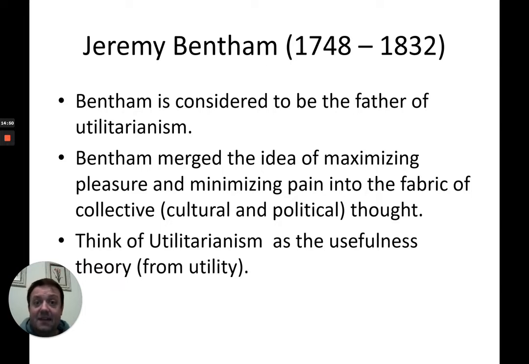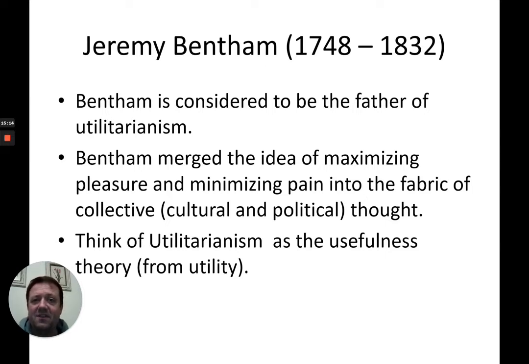And in that aim, he's been quite successful, because if you think about political life these days in Western democracies, much of it is focused on providing as much happiness to the electorate as possible in the hope that they will then re-elect those politicians who have ensured their happiness. All right. So it's a kind of useful theory as well.